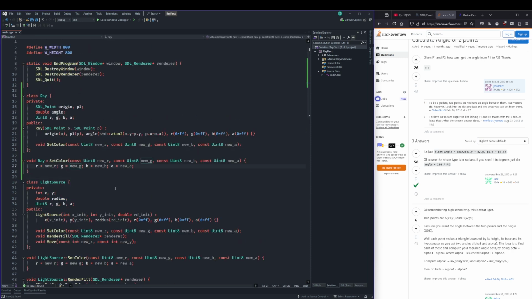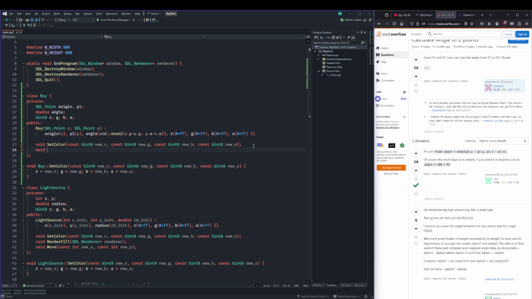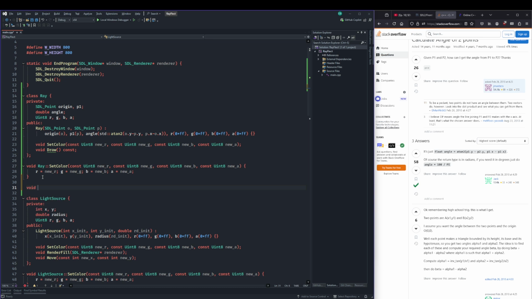Okay, now what we're going to do is, we have a ray, and we want to draw it, so we're just going to call the draw function. We are going to create a draw function, and it's going to be const, and let's just do it here, void Ray draw const.